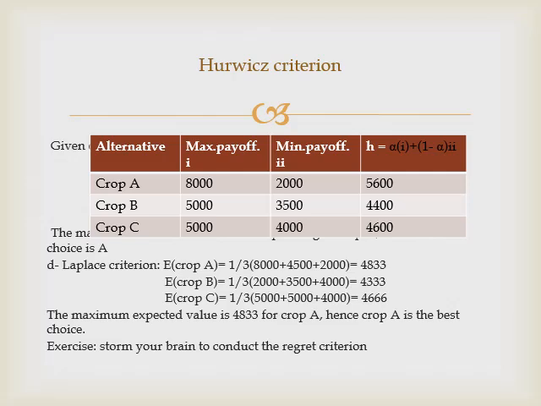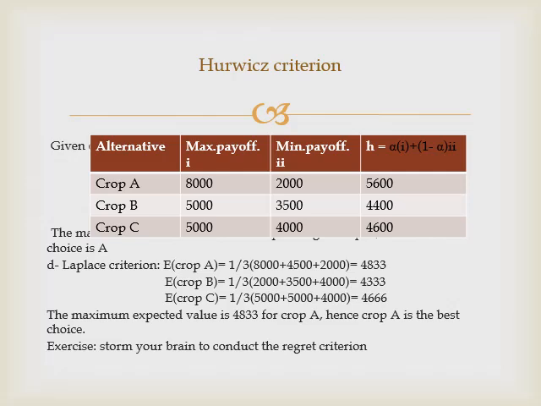Okay, now we are going to calculate what? H equals alpha, the coefficient alpha, multiplied by what? By maximum, of course.